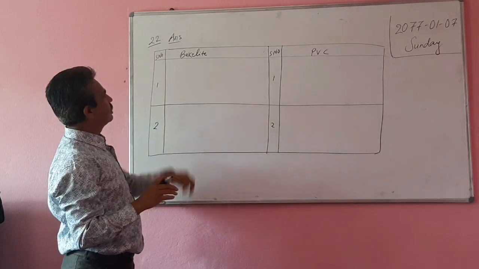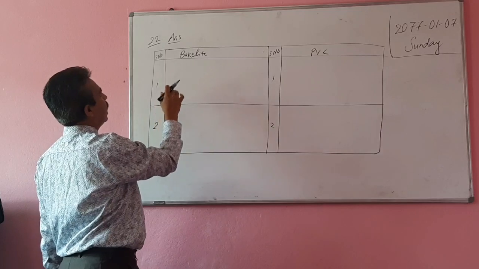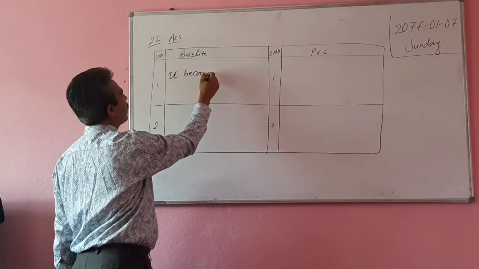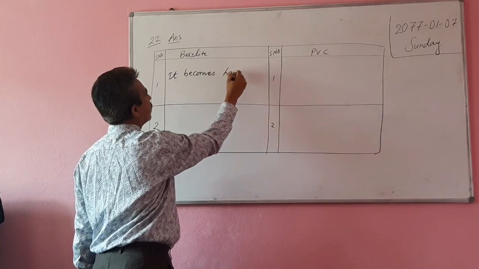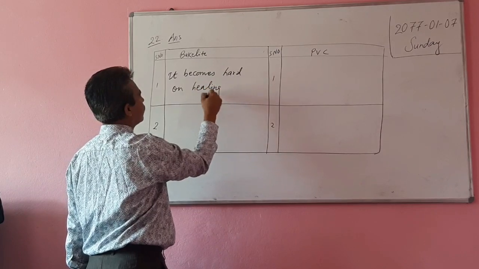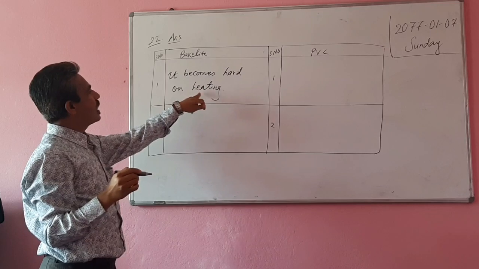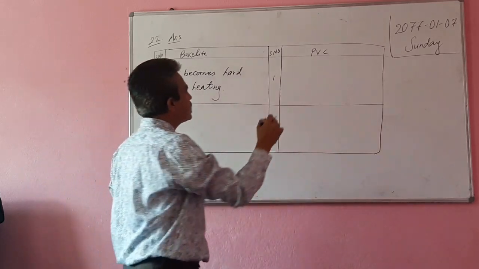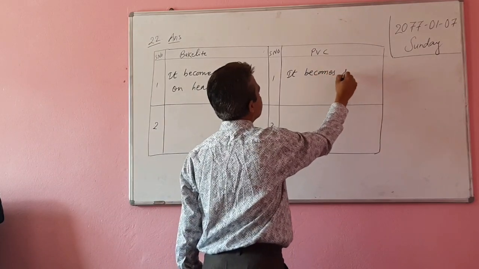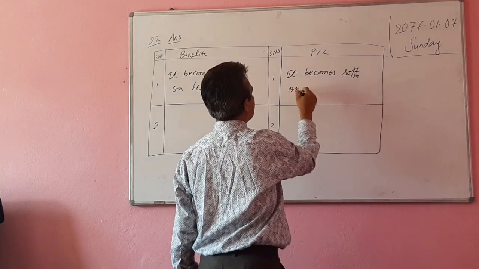So what are the differences between bakelite and PVC? Bakelite becomes hard on heating, and PVC becomes soft on heating.